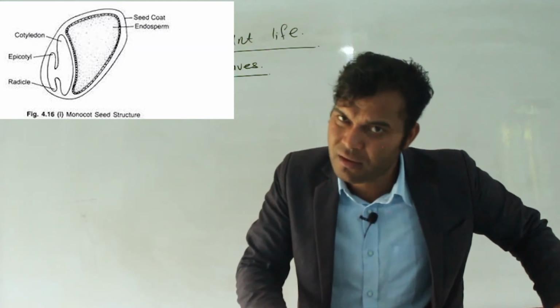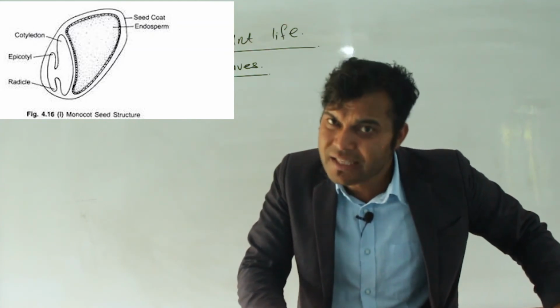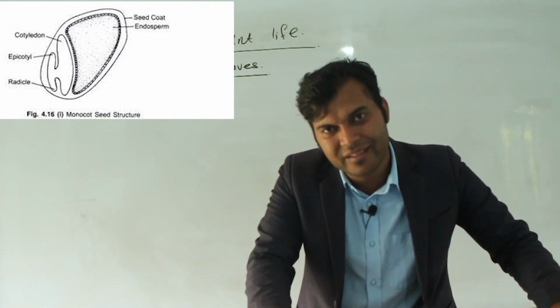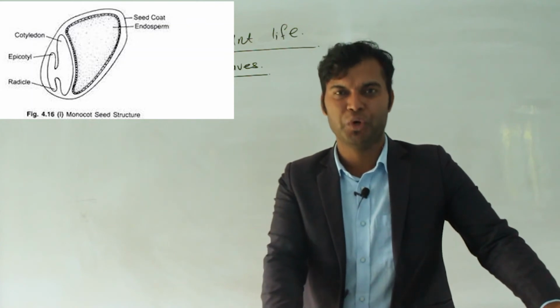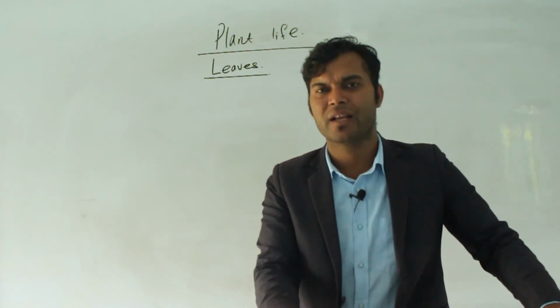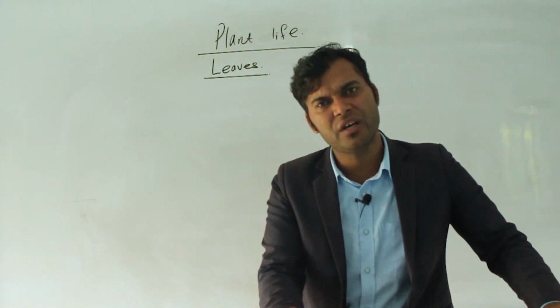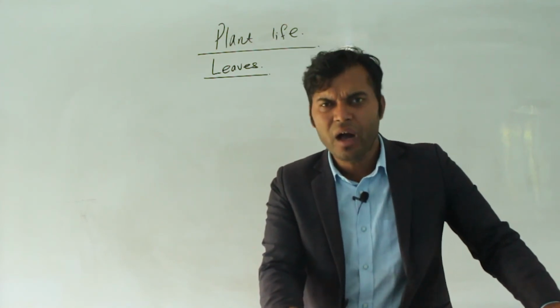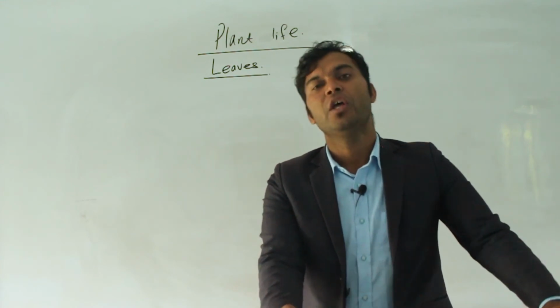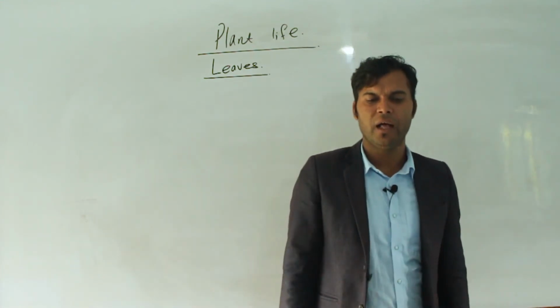For example, maize, yeah, paddy, yeah, these are examples of monocotyledons. I hope you are clear about the 2 terms dicotyledon and monocotyledon, isn't it?